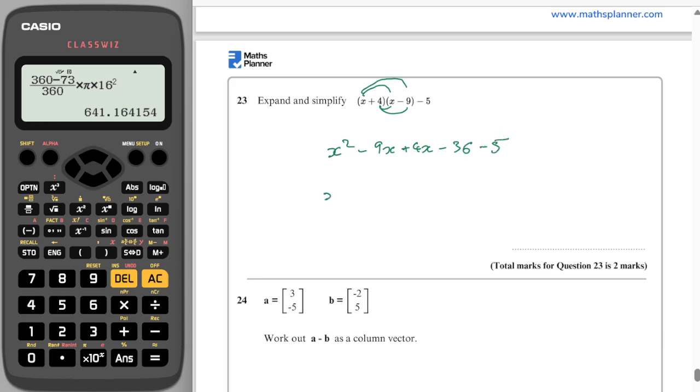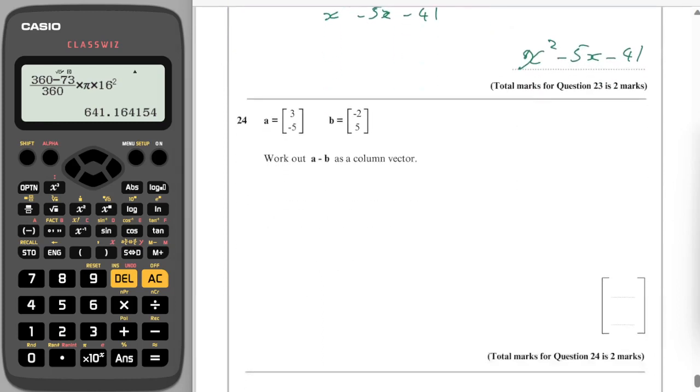So if I simplify then, x squared minus 9x plus 4x would be minus 5x. And then minus 36 minus 5 would be minus 41. So I'm looking at x squared minus 5x minus 41.